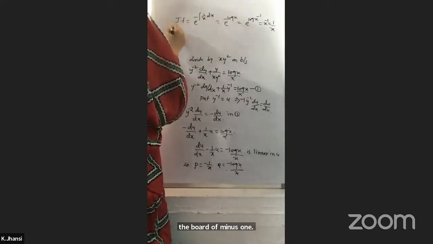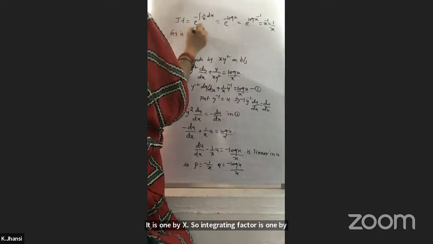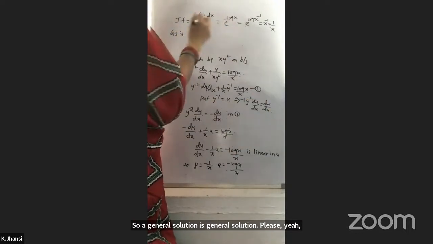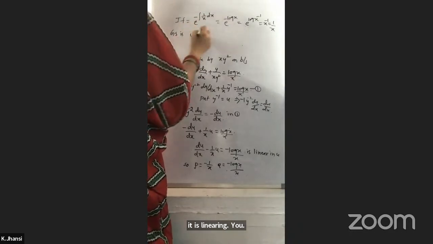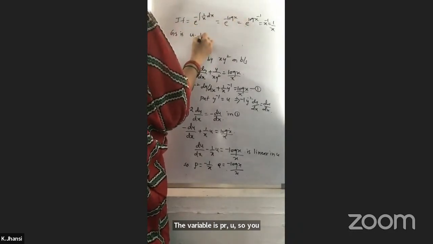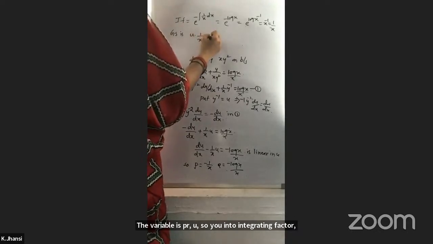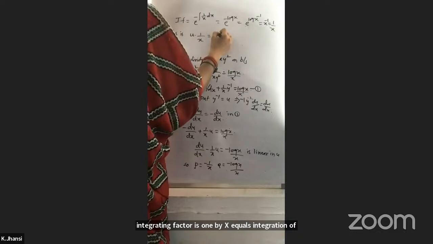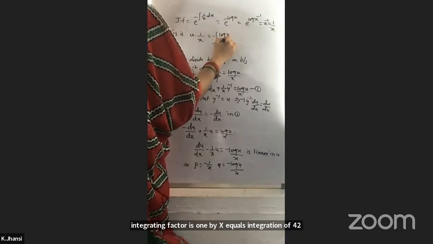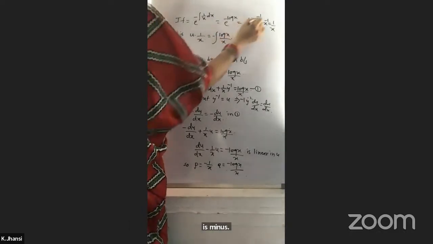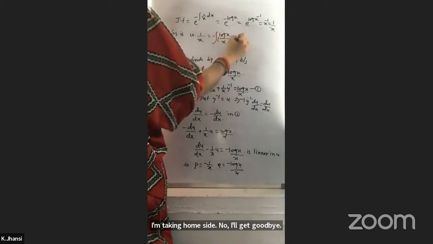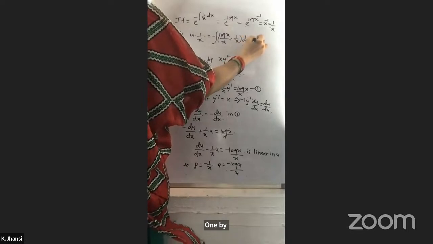So now the general solution is, here it is linear in u, the variable is u. So u into integrating factor, integrating factor is 1 by x, equals to integration of q, which is minus, I am taking outside, log x by x into 1 by x, integrating factor, this whole dx plus c.